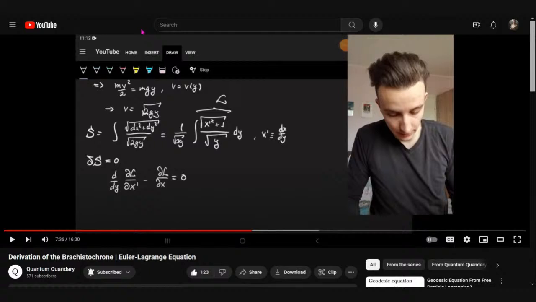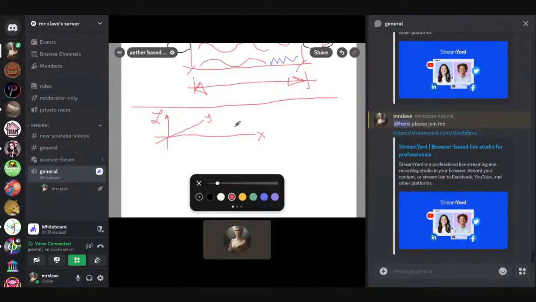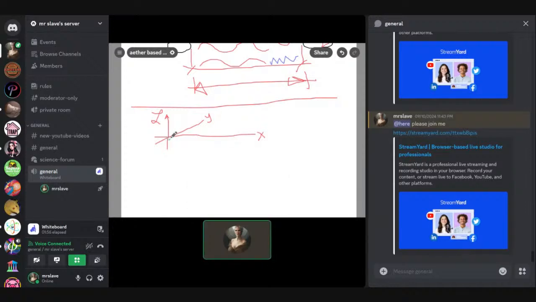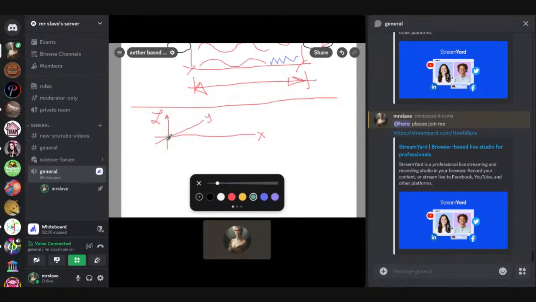But notice, remember the question. We started at x equals 0, y equals 0. This was the starting point. And we let it go to y negative and some x.